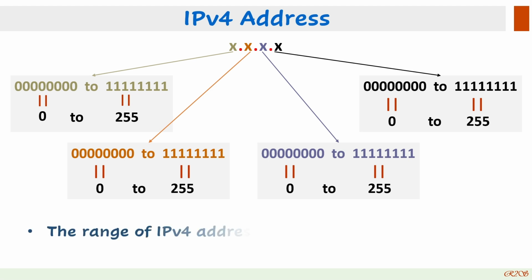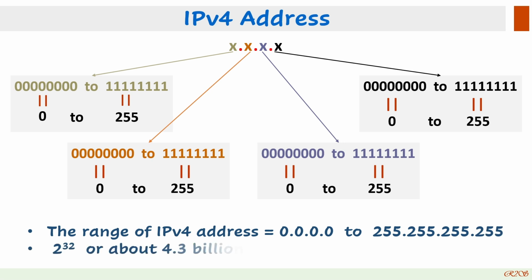So the range of IPv4 addresses is from all 4 octets being 0 to all 4 octets being 255, so 255.255.255.255. The total number of IPv4 addresses we can have is 2 to the power 32, which is about 4.3 billion IP addresses.